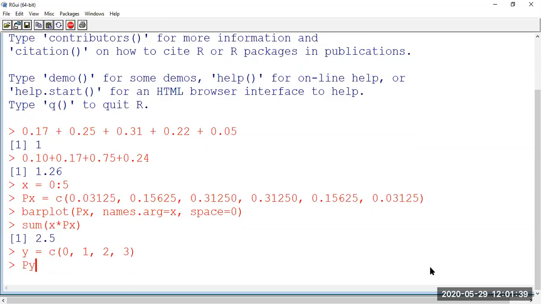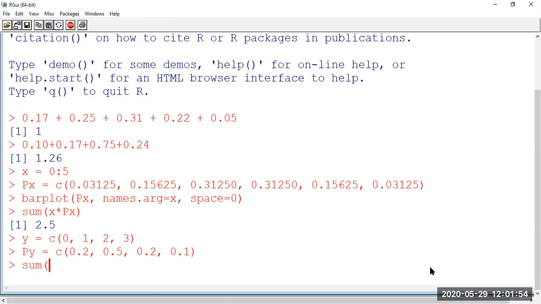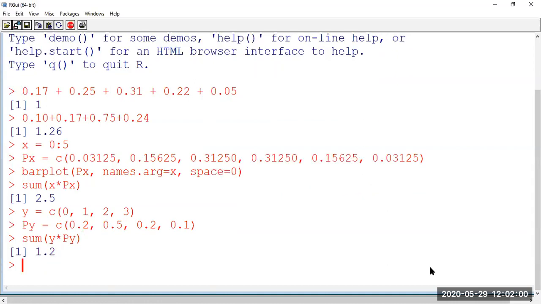Then p of y is going to be the collection of 0.2, 0.5, 0.2 again, and 0.1. Then we get the mean just by writing the sum of y times p of y. So that value is 1.2. We found that value before.